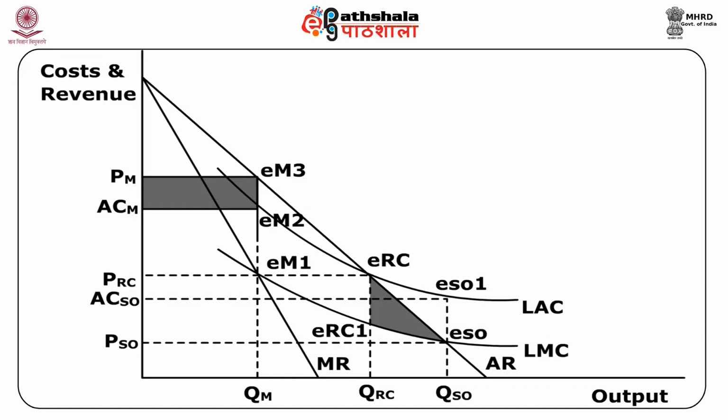The public utility would therefore not supply the social optimum output equal to QSO unless it is provided with subsidies to cover its losses. In general, regulatory commissions allow public utilities to charge prices that cover their average costs so as to allow them to break even in the long run.